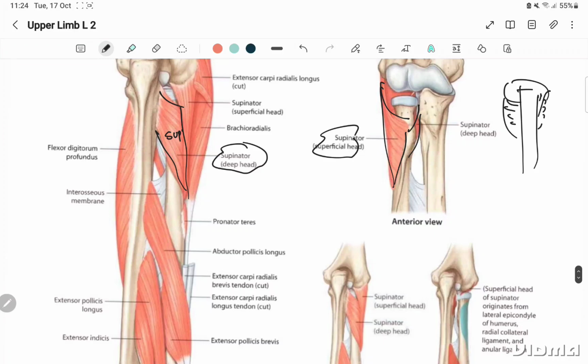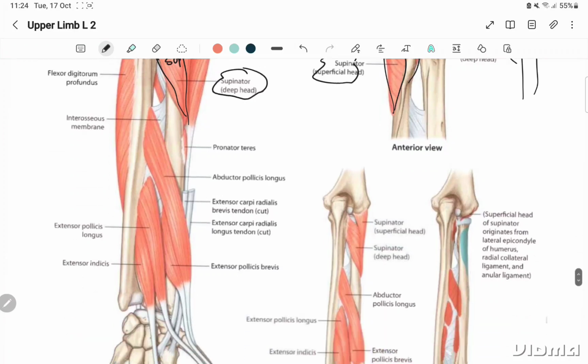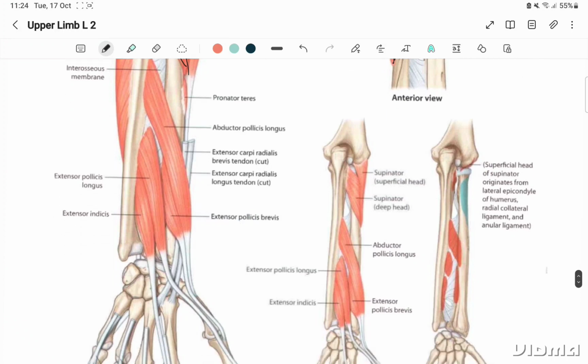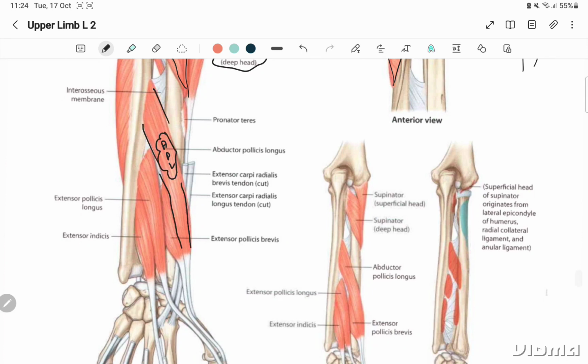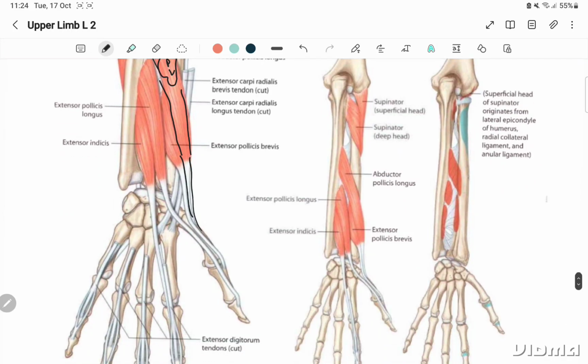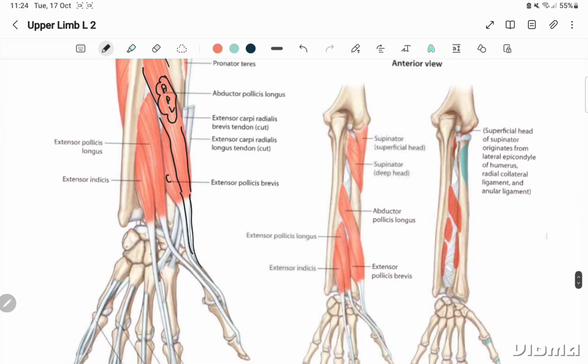And the interosseous membrane is present. Okay. The pronator teres is a superficial muscle. Then we have abductor pollicis longus, APL here, which terminates in the thumb. The extensor pollicis brevis is also present here.